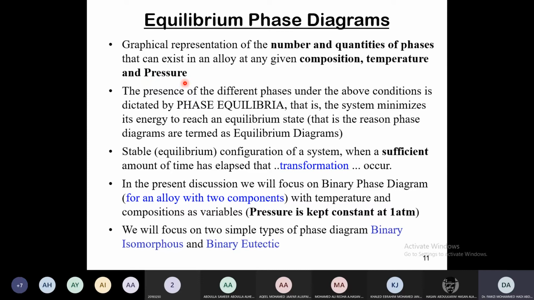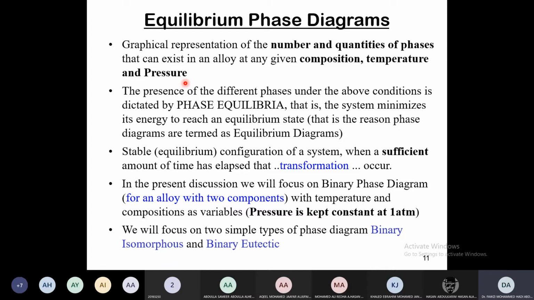In your thermodynamics and fluid mechanics, you know the effect of pressure in a boiler, in a turbine, in an engine, whatever; pressure has a big effect on the outcome of any calculation and on the material as well.